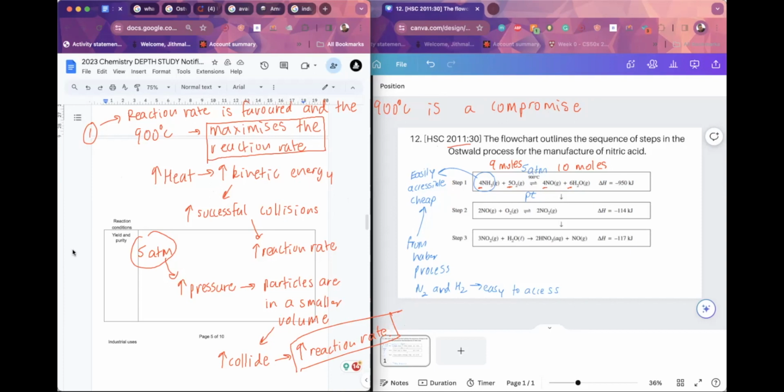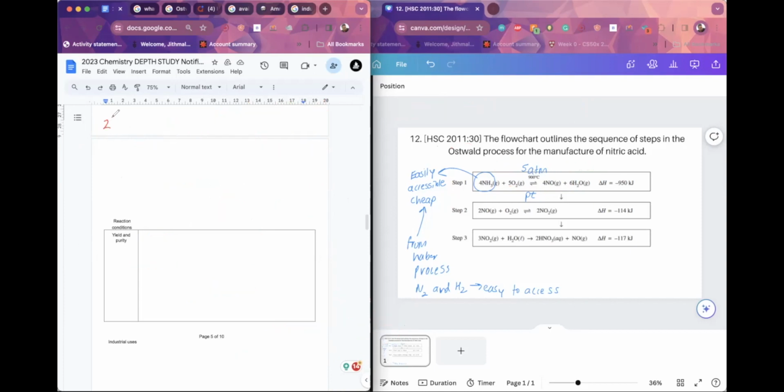For the second step, they've chosen a slightly different approach. So the second step conditions.